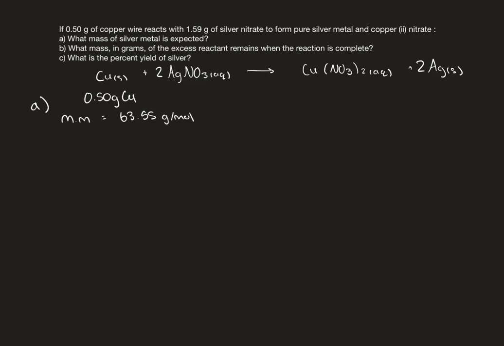The problem also tells us that we have 1.59 grams of silver nitrate, and the molar mass of silver nitrate is equal to the molar mass of silver, which is 107.87, plus the molar mass of nitrogen, which is 14.01, plus 3 times the molar mass of oxygen, which is 16.00. We add that all together and we get a molar mass of 169.88 grams per mole.